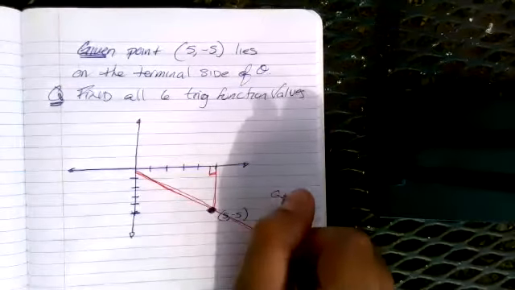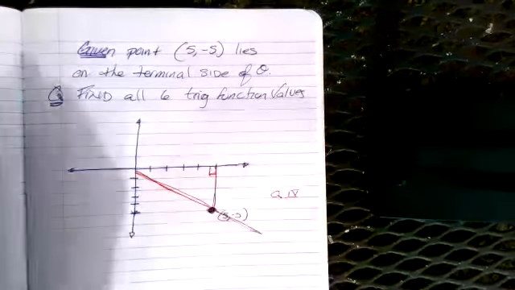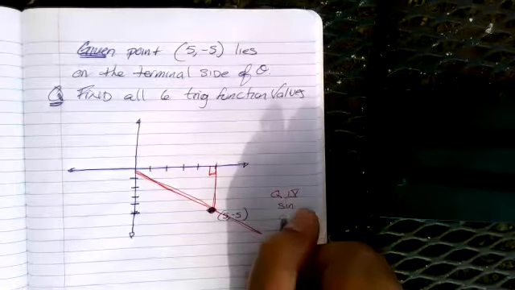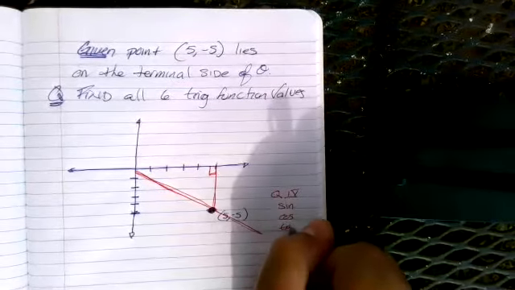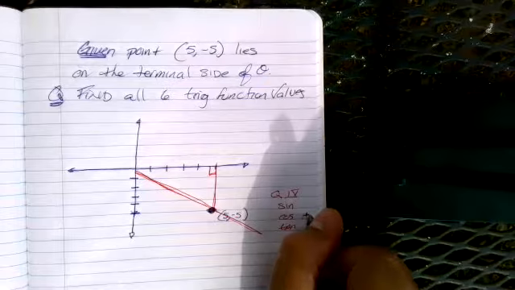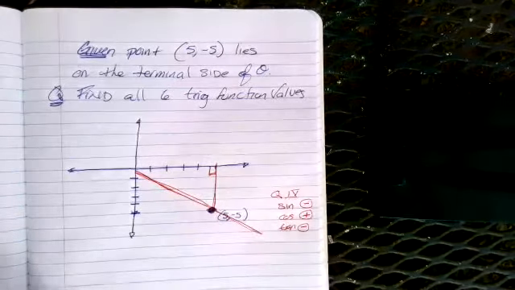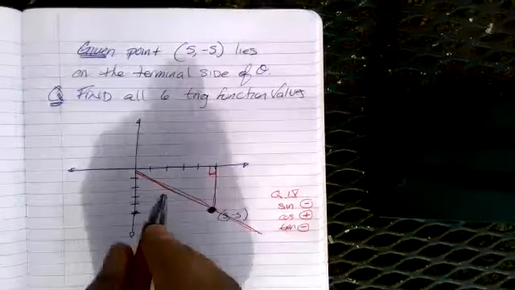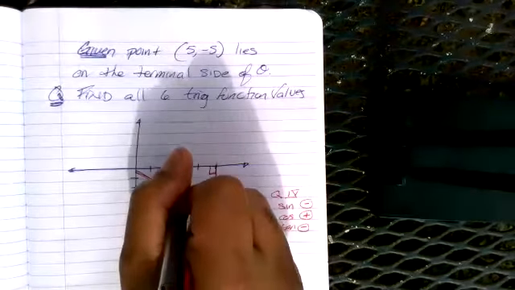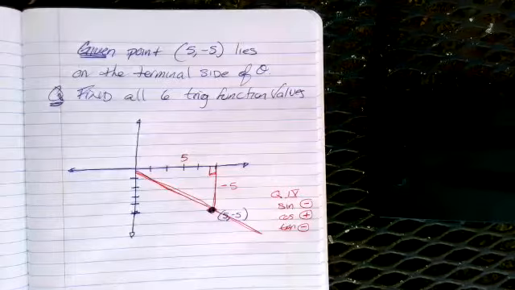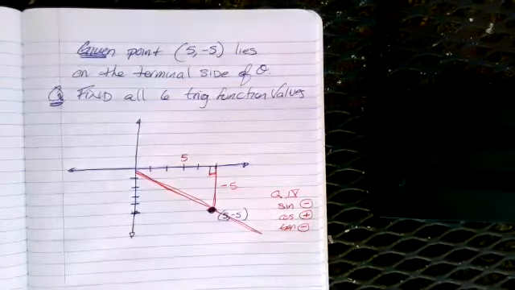Since this is in quadrant 4, I know that cosine is going to be positive, right? I know cosine will be positive, and all my other trig functions will be negative. So I could put in my values here. I have 5 and negative 5. And now we want to use the Pythagorean theorem to find the hypotenuse.